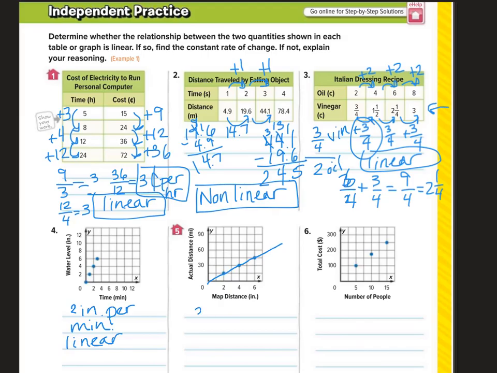And does 2 inches for 15 equal 4 over 30? Yes, it does. So this is linear. And it's 1 inch for every 7.5 miles.